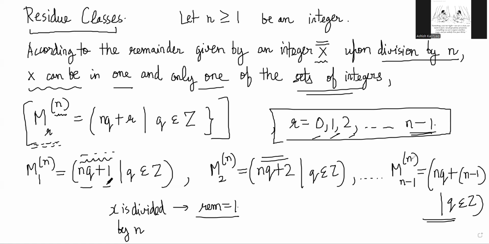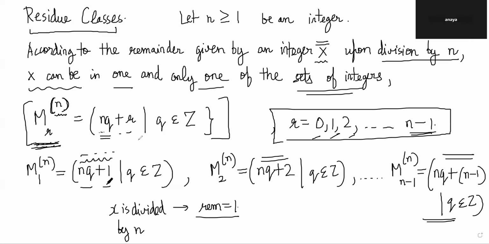So these sets M_r^(n), where the bracket denotes we are dividing by n, and the subscript r denotes the remainder or residue when we divide by n, are made up of numbers of the form nq plus r, where r is the remainder and q is an integer.